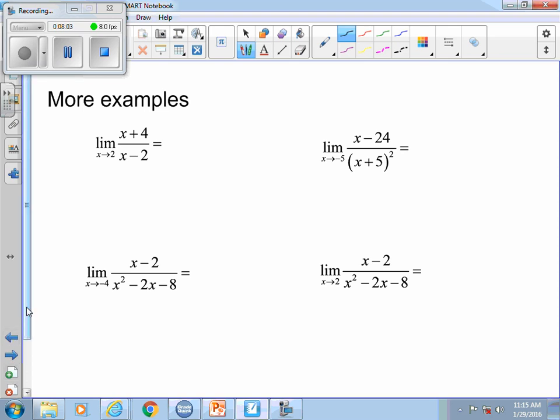Because then you don't even have to think about the other two limits to get it. It's just vertical asymptote, does not exist. Okay, try these. Notice none of them are left or right. They are all just double-sided.